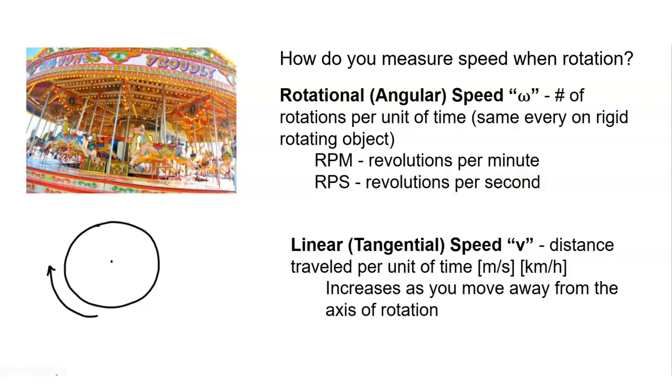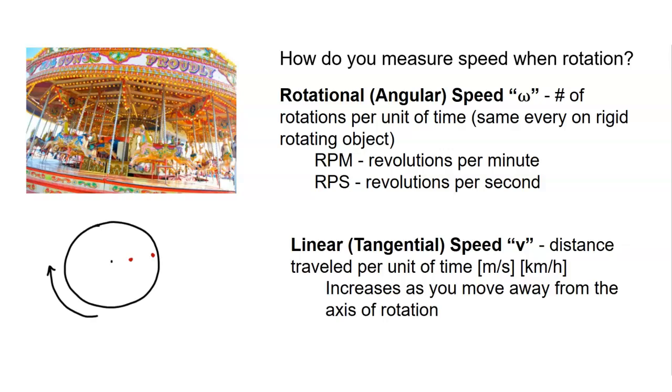It's going in a clockwise direction, and it doesn't matter if you are sitting over here on this horse or on this horse. They will both have the same rotational speed. They will both make it all the way around in the same amount of time. However, they will have a different linear or tangential speed.